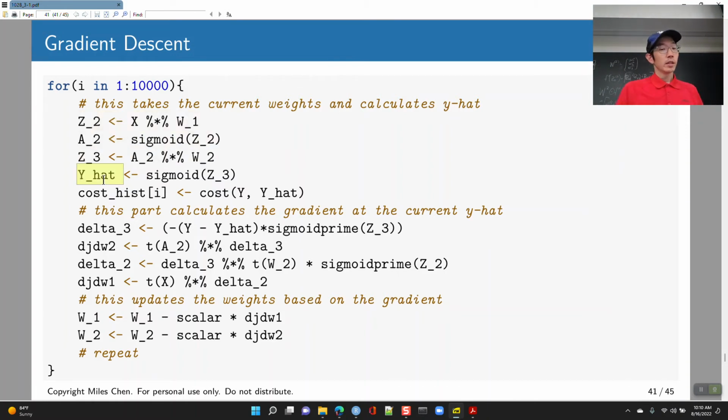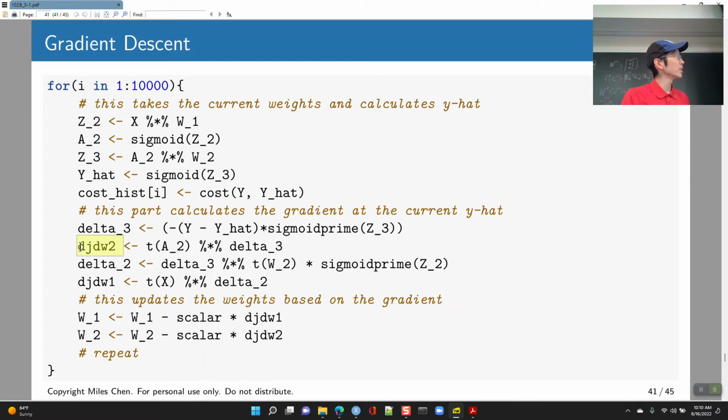All right, and then just for our sake, we're going to calculate the cost between y and y hat. We're going to say how different y is from the y hat values, and I'm going to keep track of that in my cost history vector. But this line is actually not necessary if I don't want it. Okay, now that I have my y hat values, I can calculate the gradients.